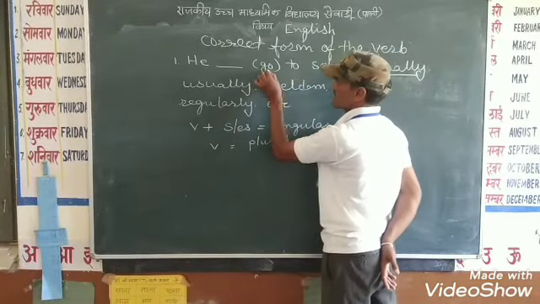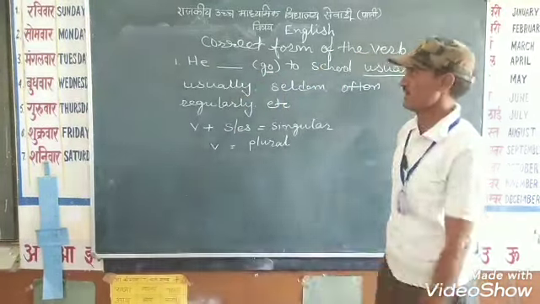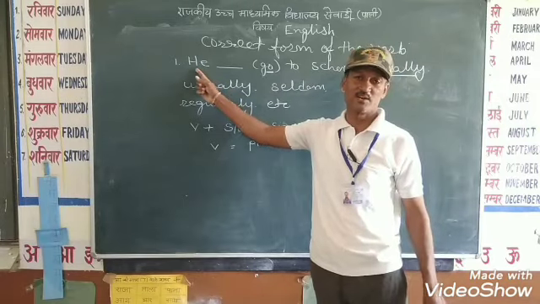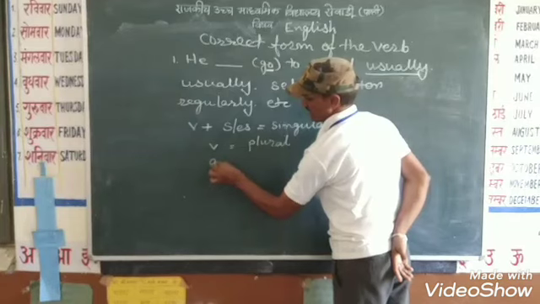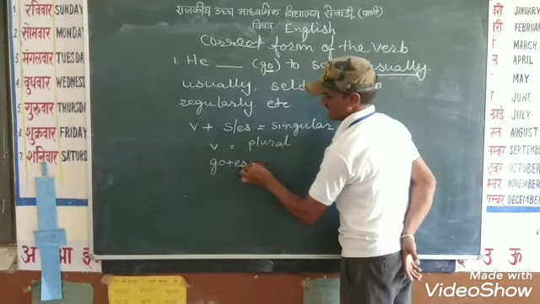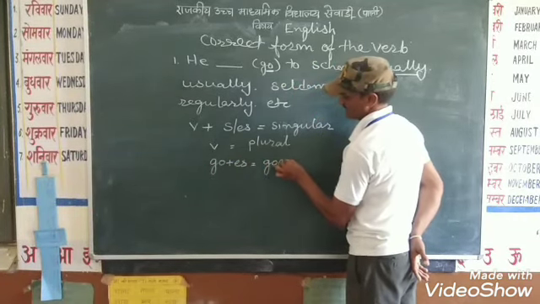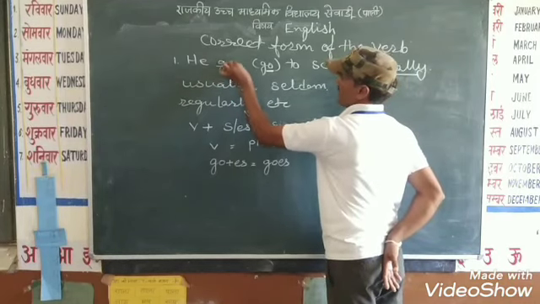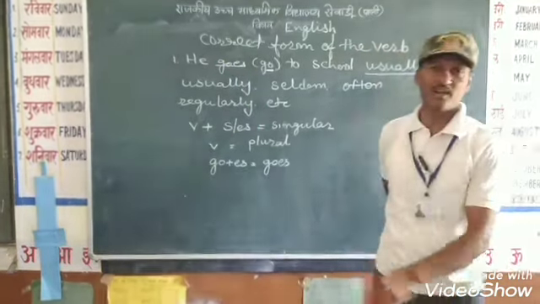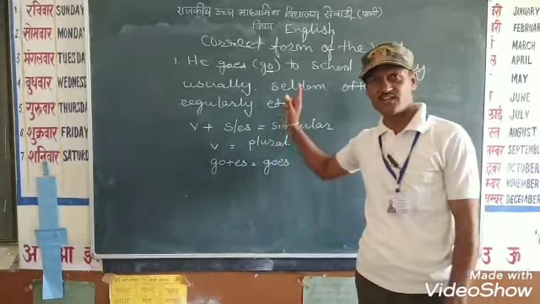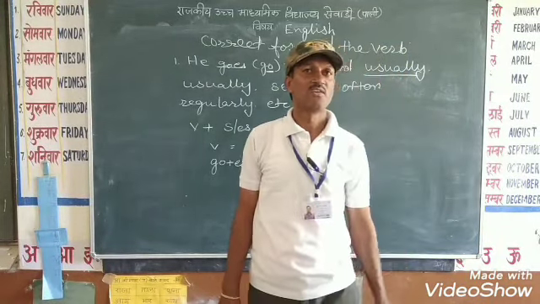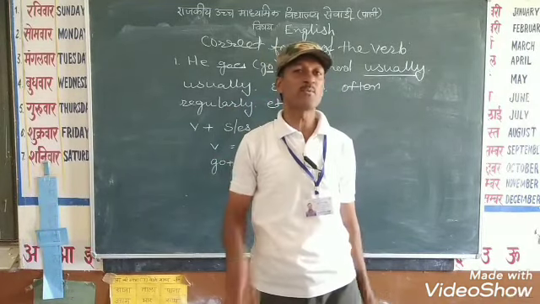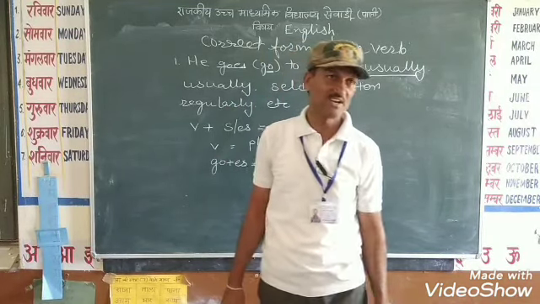The verb is go and the subject is singular, then we use go plus ES, goes. And if the subject is plural, then we write the same form of the verb in the sentence.